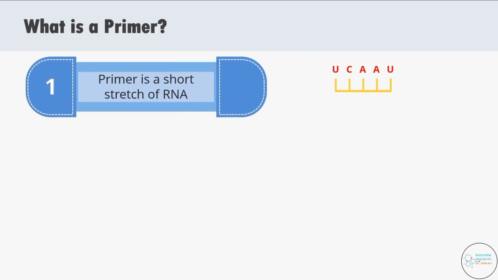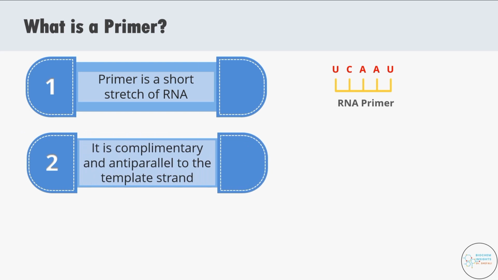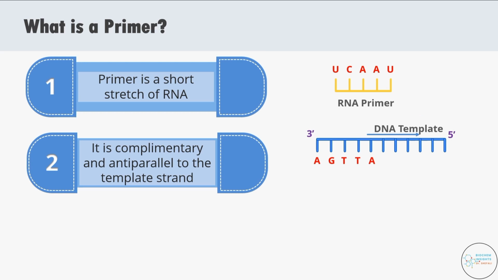So what is a primer? A primer is a short stretch of RNA. It is complementary and anti-parallel to the template strand. This is the template strand, which has 3' to 5' orientation from left to right. So the RNA primer will be anti-parallel and will have 5' to 3' orientation in the same direction, right? Also, it will be complementary to the template strand. So adenine in the template strand will have uracil in the RNA strand.